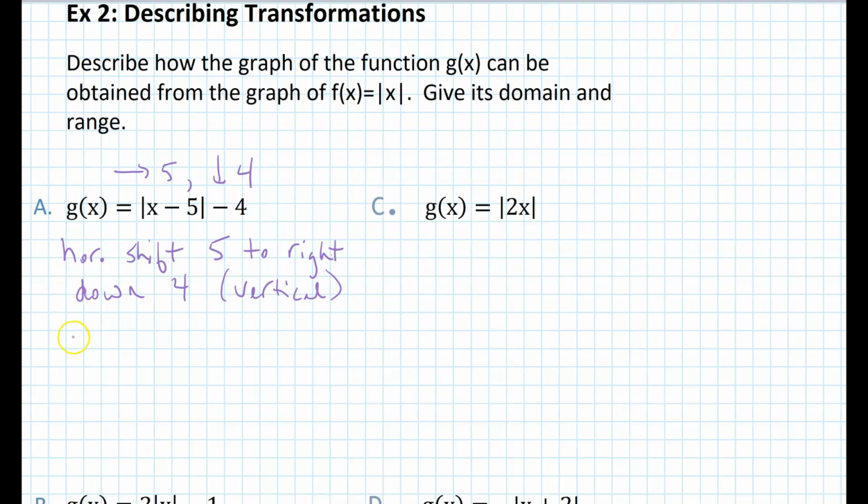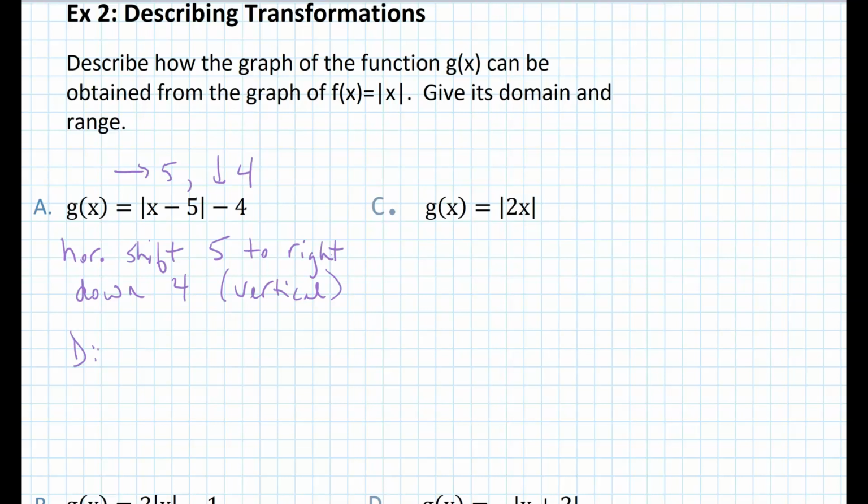When we talk about the domain of an absolute value function, are there any restrictions on it? Well, it can only go in one direction, because it's either going up forever, down forever, right forever, left forever. Does that affect domain or range?